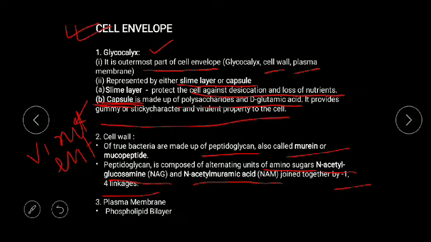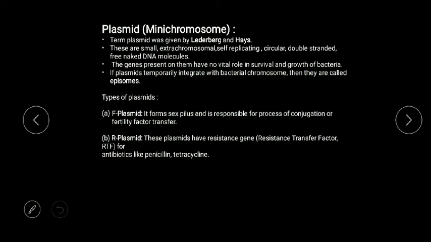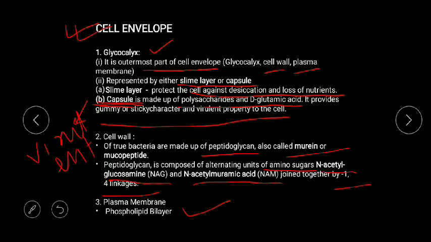Peptidoglycan is made up of N-acetyl glucosamine, that is NAG, and N-acetyl muramic acid, which are joined together by 1,4 linkages. Inner to the cell wall you will find the plasma membrane, which is a phospholipid bilayer, as we will study in eukaryotes as well.